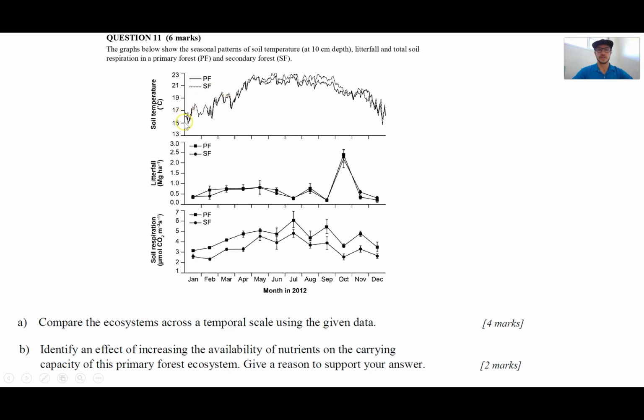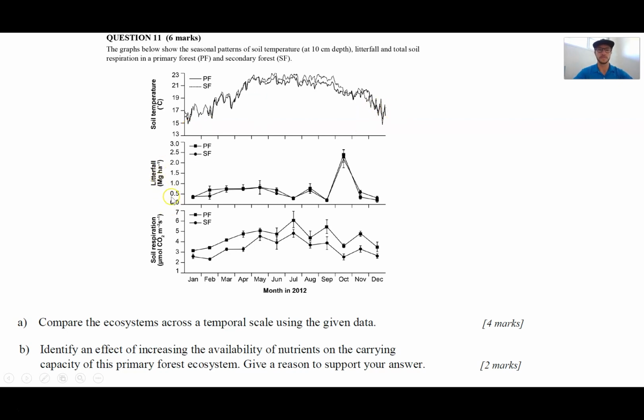If we looked at soil temperature, we have temperature on this scale, then we have month time below. We can see that during the months, so during June and July, the soil temperature increased and then decreased, and it was lowest around January, December, beginning and start of the year.